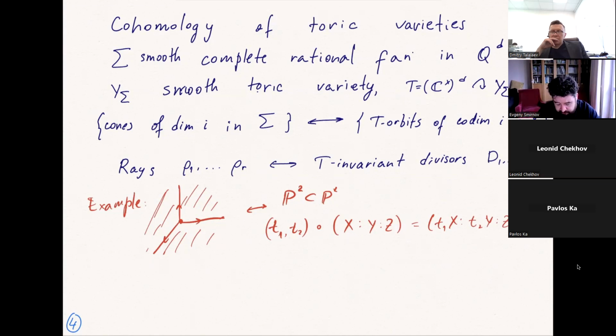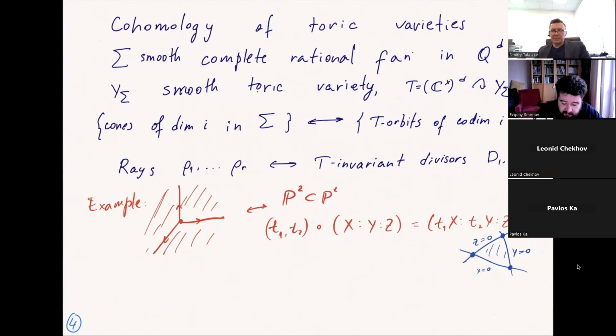Well, then what does P2 look like? It looks like this, basically. So there are three lines defined by the equations x is 0, y is 0, and z is 0. And then there are three intersection points of these lines.